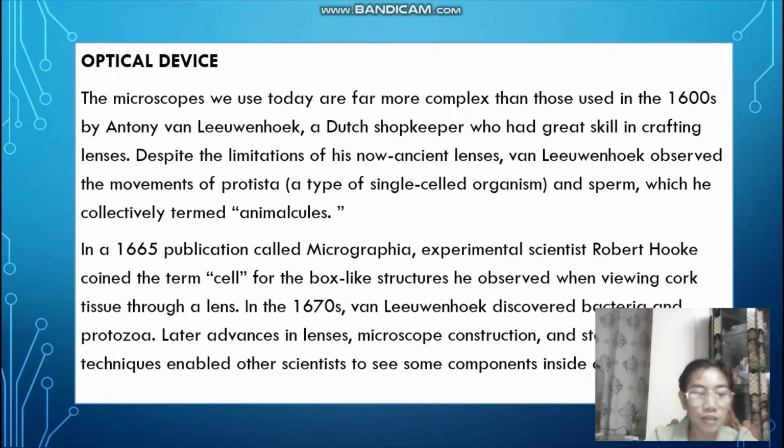Later advances in lenses, microscope construction and staining techniques enabled other scientists to see some components inside cells. So in discovering the optical device, Antony van Leeuwenhoek and Robert Hooke served as the proponents based on their respective discoveries.